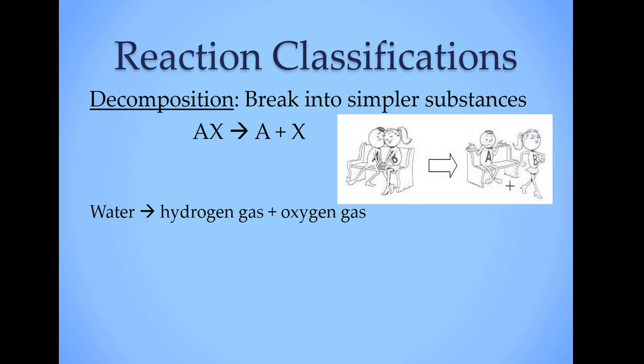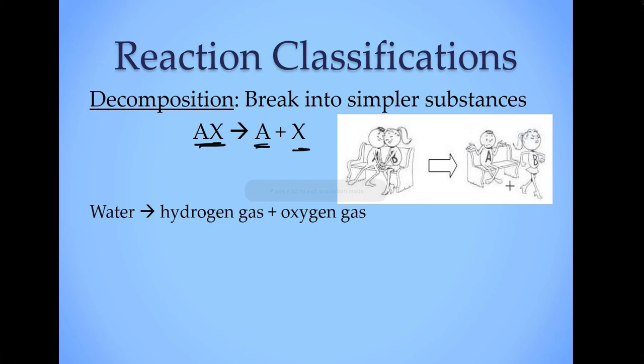In a decomposition reaction, it has a general formula of AX yields A plus X. So we have a compound that is breaking down into simpler substances. It might be their elements, or a compound and an element, or even two compounds. Anytime you have only one reactant and more than one product, that is called a decomposition reaction.